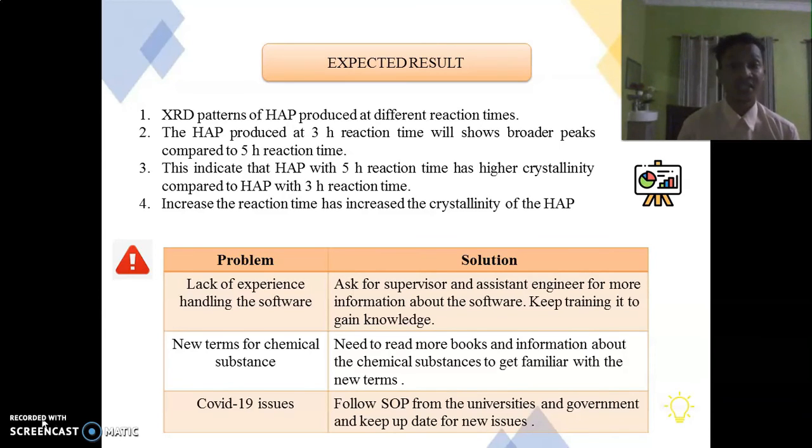This indicates that hydroxyapatite with 5-hour reaction time has a higher crystallinity compared to hydroxyapatite with 3-hour reaction time. So this will support the hypothesis, which is that increasing the reaction time increases the crystallinity of the hydroxyapatite.